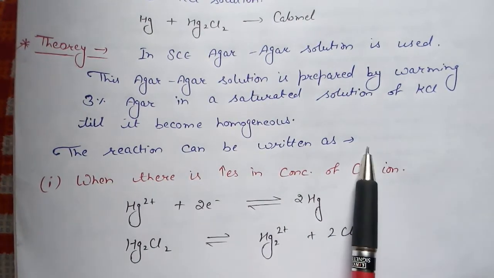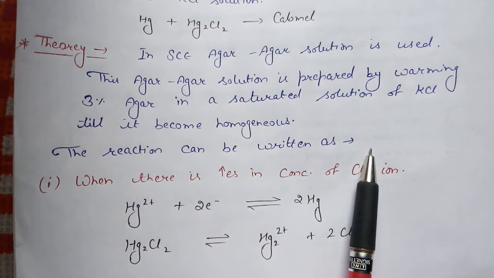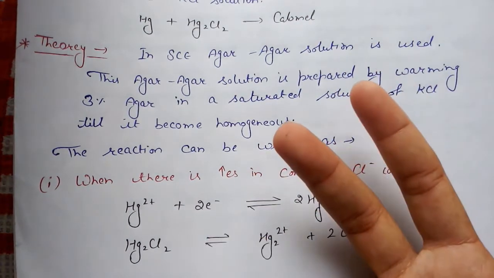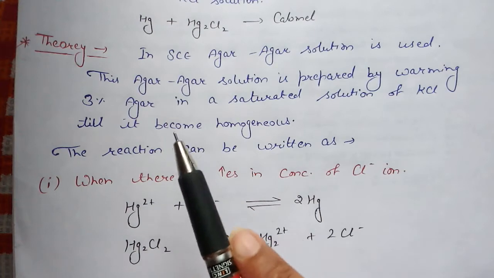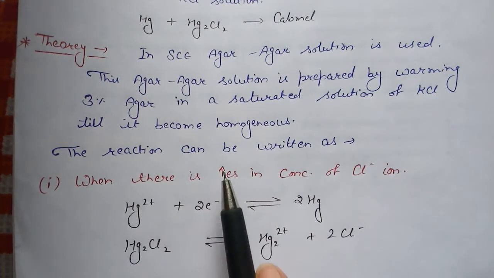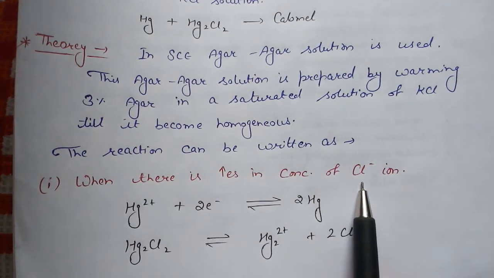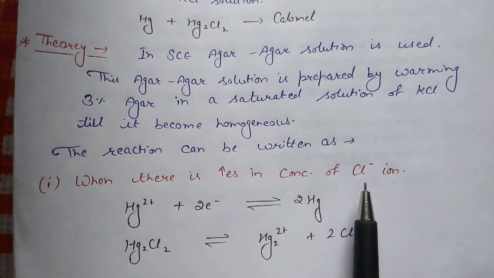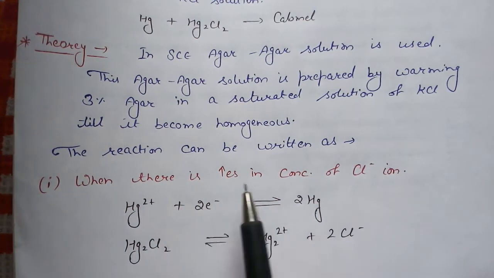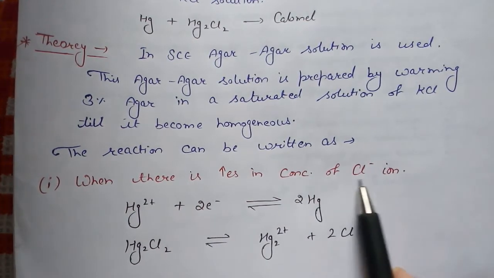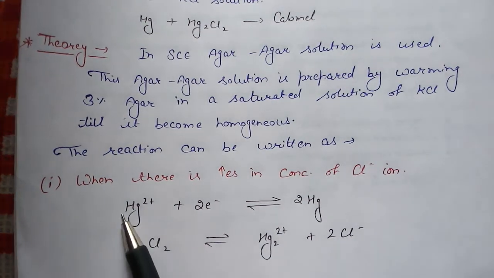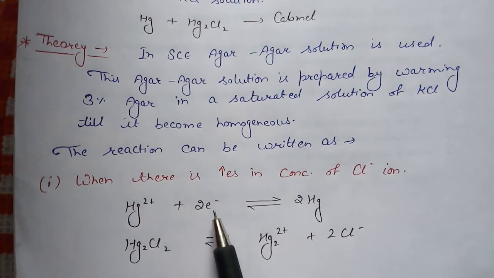The reaction will be of two types. The first one is when there is an increase in concentration of potassium chloride. So you can say when there is an increase in concentration of chloride ions, mercurous ions react with 2 electrons.